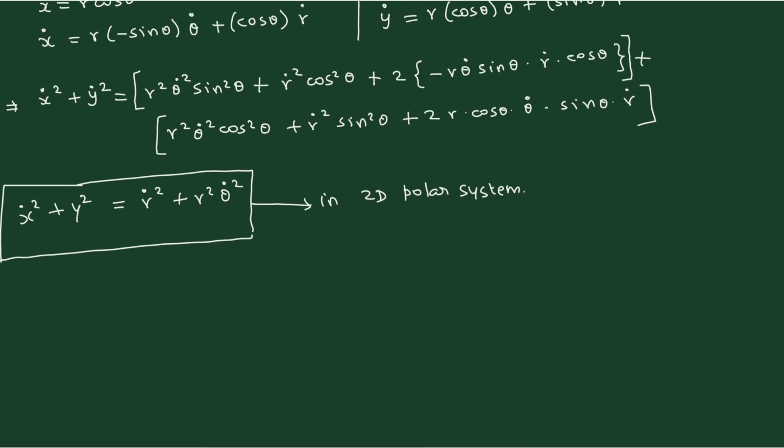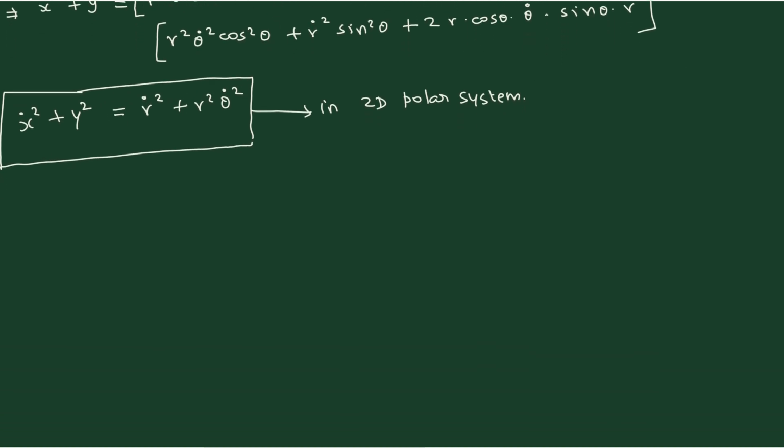So let me write down what happens in the case of the 3D system. A very small change will be there: r dot square plus r square theta dot square plus z dot square. This is the only change. So this is also fairly simple in the 3D case, and this is the cylindrical system.